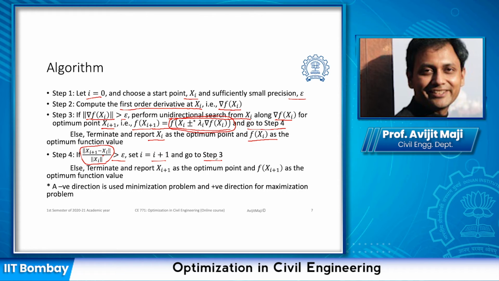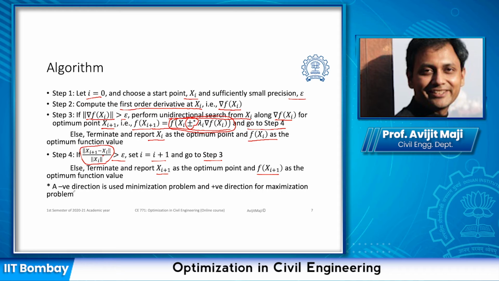In case the points are very close, that again leads us to the termination of the algorithm, and we report the finally obtained point as the optimum point and the objective function value at that point as the optimum function value. Now, in this particular equation you see that we have used plus or minus.